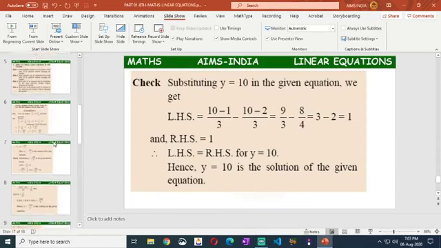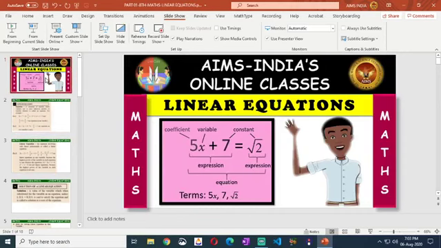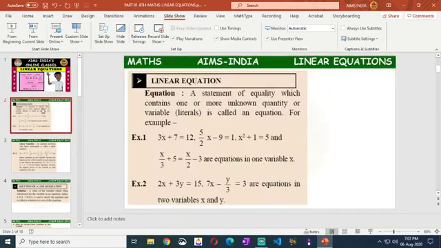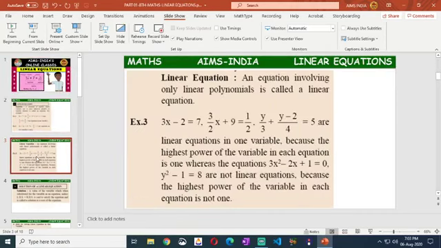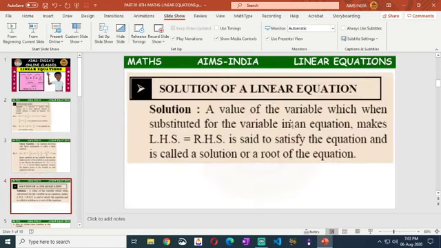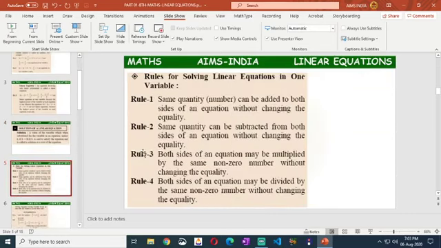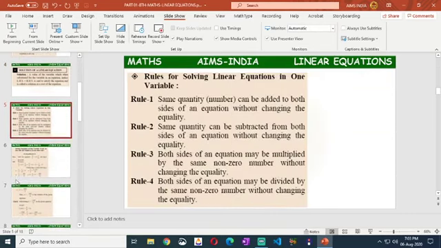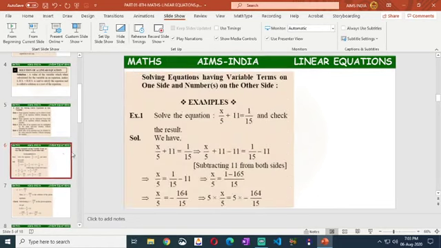Okay children, what have we learned today? In linear equations, what is an equation, what is a linear equation, what is the solution of a linear equation, and the rules for solving linear equations. Regarding those concepts we have learned, and we have discussed some example problems based on solving equations having the variable on one side and numbers on the other side.